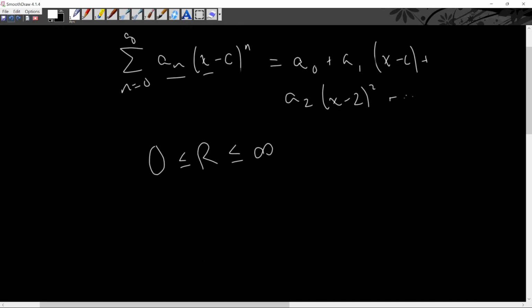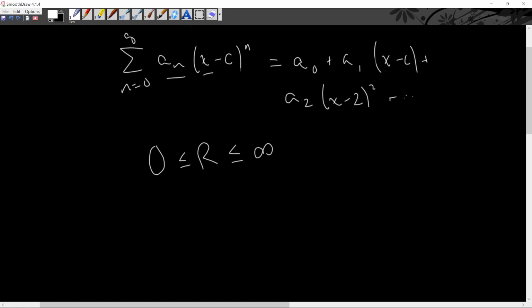And r has to be greater than or equal to 0, because if r is less than 0, then you'll have a series diverging to negative infinity, and it of course can't be greater than infinity. So this radius of convergence depends on the coefficient, right?